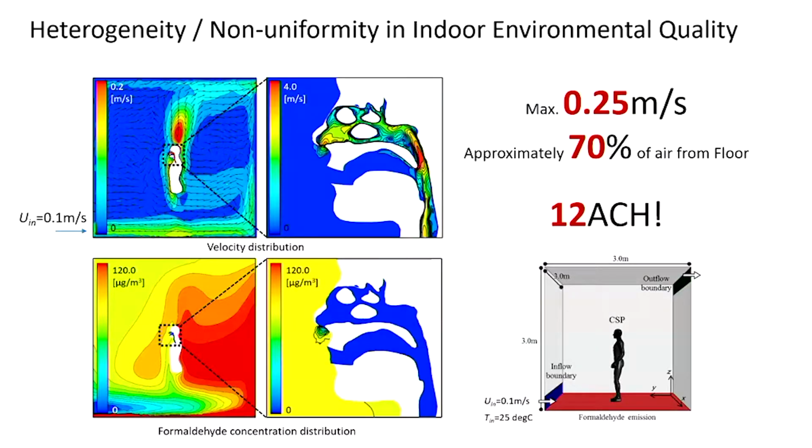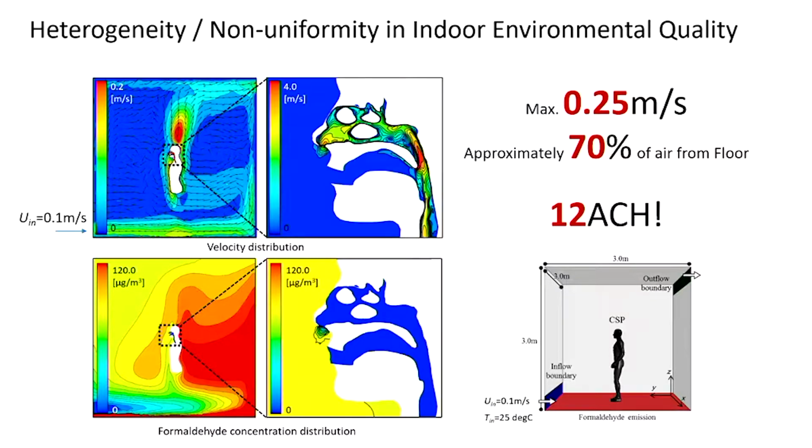And in this room, I set the formaldehyde emission source here, on the floor, and therefore non-uniform concentration distributions of formaldehyde were generated in this room. And by using this CFD data, we can calculate the contribution ratio of inhaled air quality.